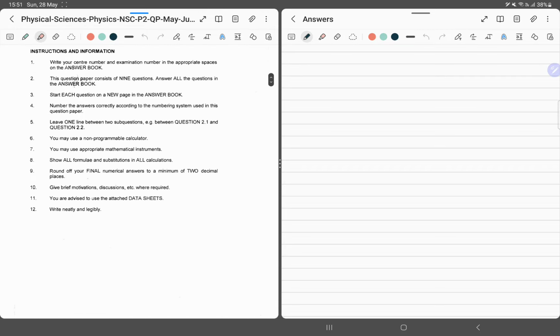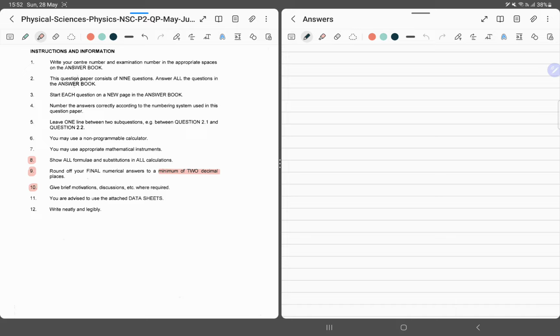Of course, instructions. For example, you know that if you're doing a calculation, you're expected to show formulae and substitutions. The rounding off, this time it's a minimum of 2 decimal places. So that means 2 or more, but no less than 2.